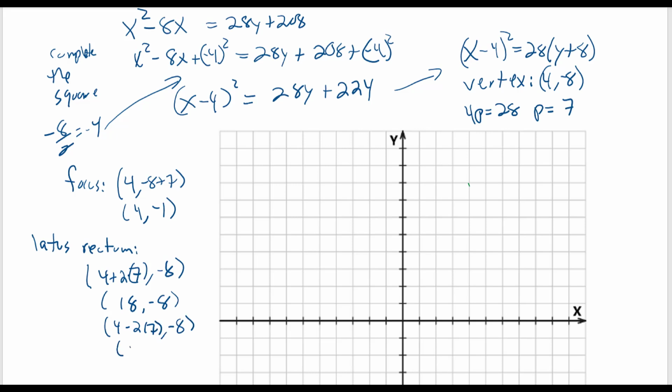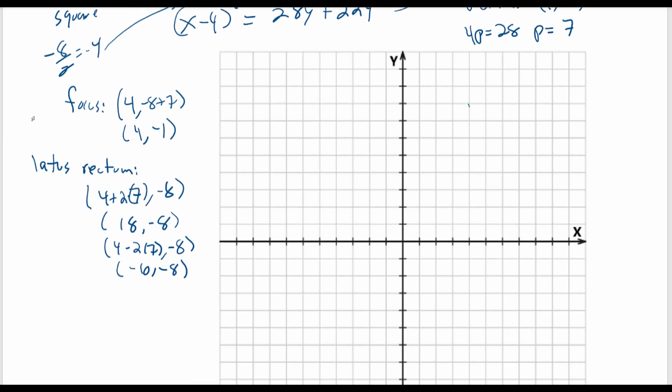So that means it's at negative 10, negative 8. So we have to graph those. Our directrix, by the way, is going to be at y equals negative 8 minus 7, so y equals negative 15.